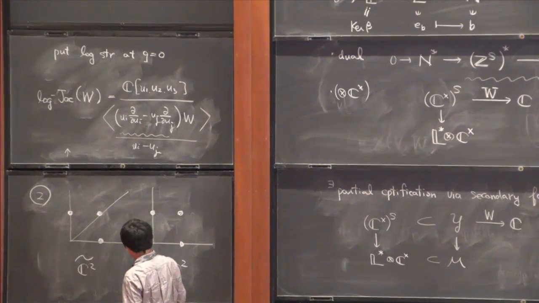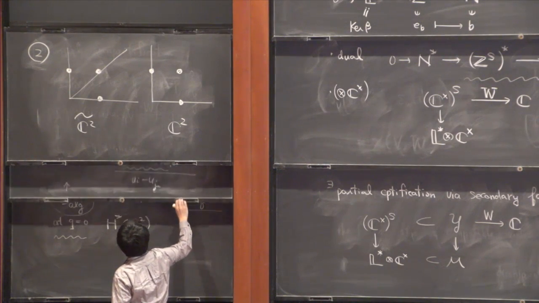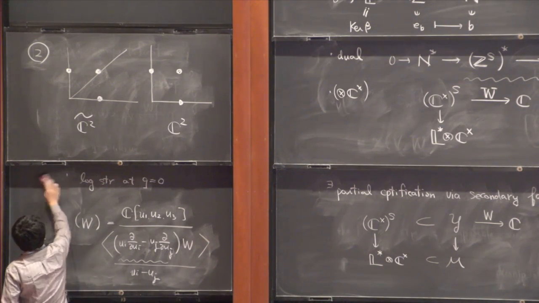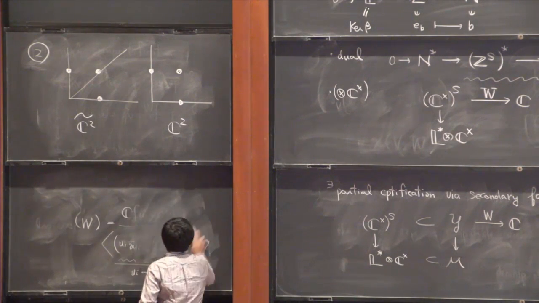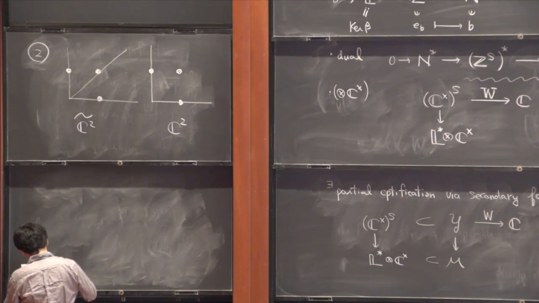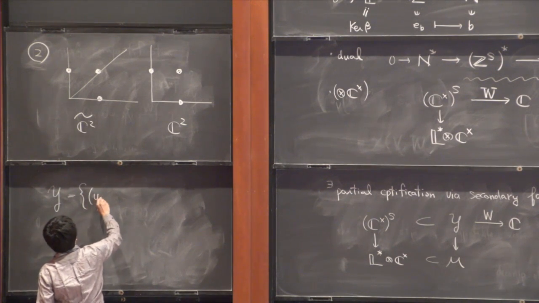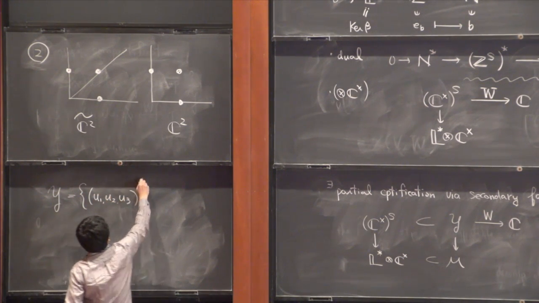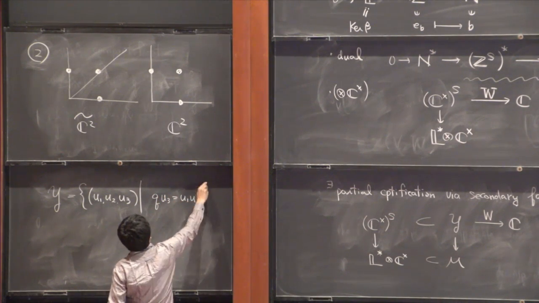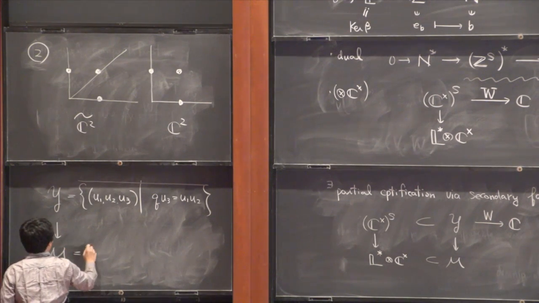And the mirror is something like this. This is Y, with U1, U2, U3, somehow similar but slightly different: Q U3 equals U1 U2. This is compactified, and M is now P1.